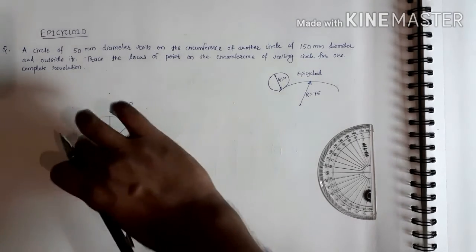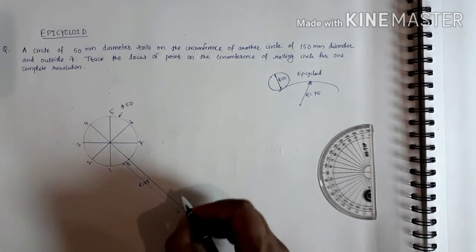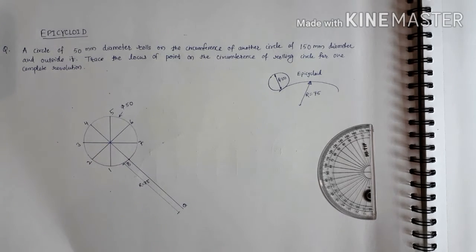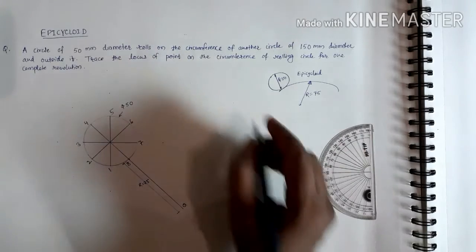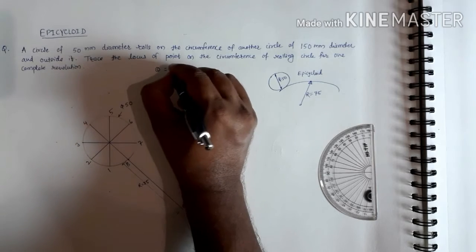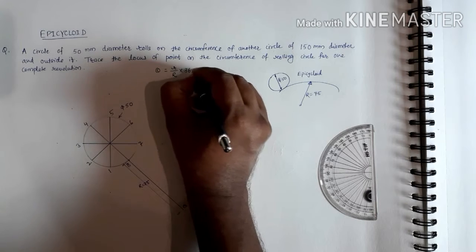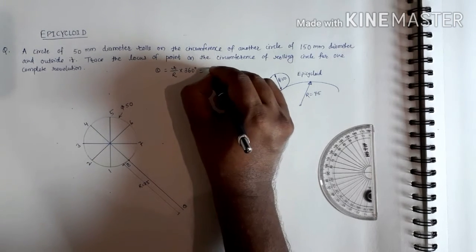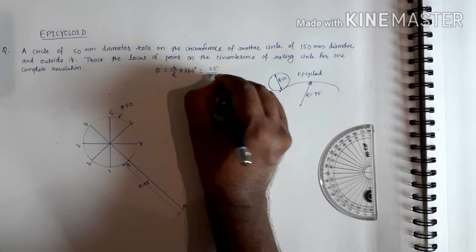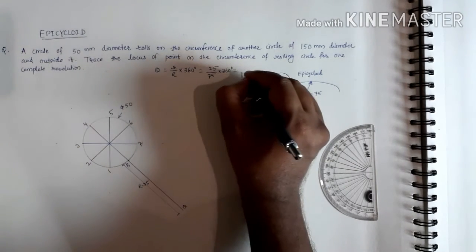Now third step is, when the circle will roll, it will create some angle, that is theta. So theta is given by theta is equal to small r by capital R into 360 degree, that is equal to 25 by 75 into 360, that is equal to 120 degree.